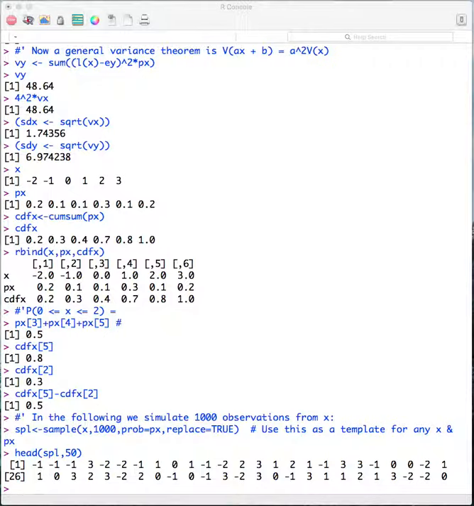In any case, if I wanted to look at the proportion of times that I got different things, I could use the table function. Let's do this right.